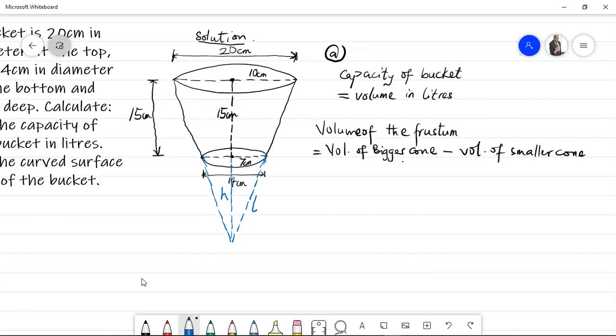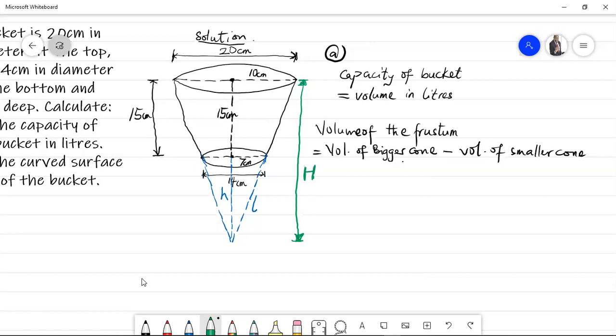Also permit me to do this as well. Let me use the green marker for that. Over here, from here, straight down to here, we're going to consider that as the height. But of course, not just any height, but the entire height of the bigger cone. So I can consider this as big H, for the big height, the height of the bigger cone.